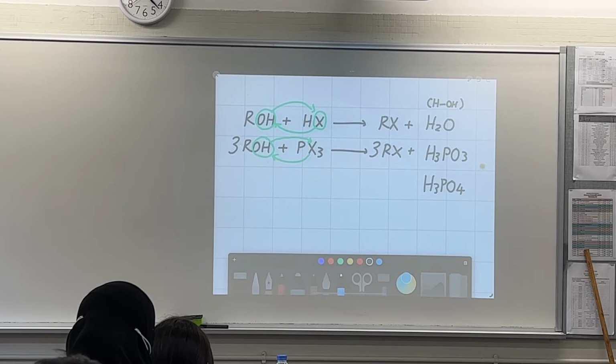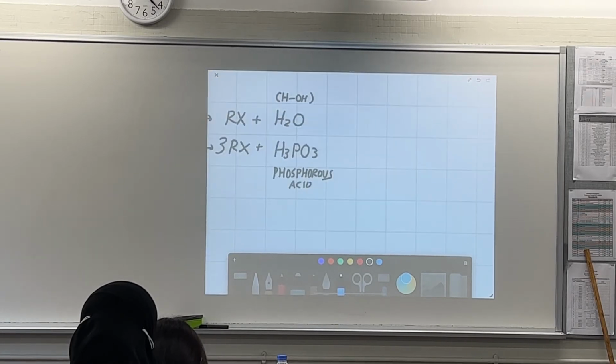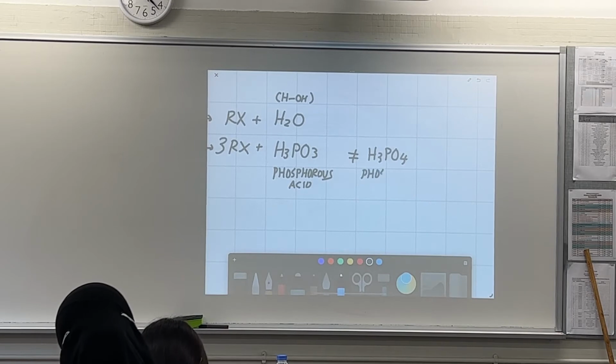It's phosphoric acid. This one is its brother, phosphorous acid. Okay, so can you put down the name? Phosphorous acid. Not the same thing as H3PO4, phosphoric acid. Note the suffix here.